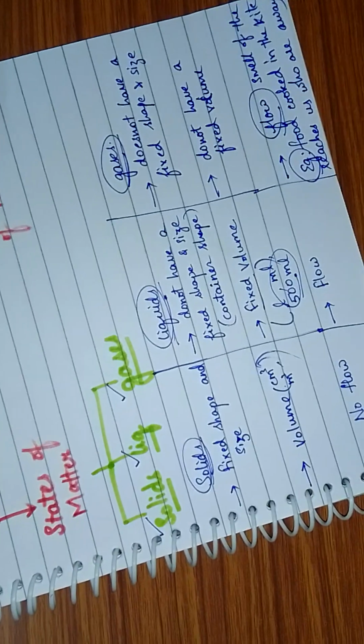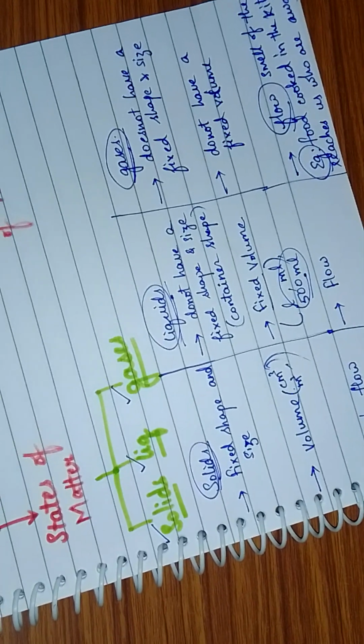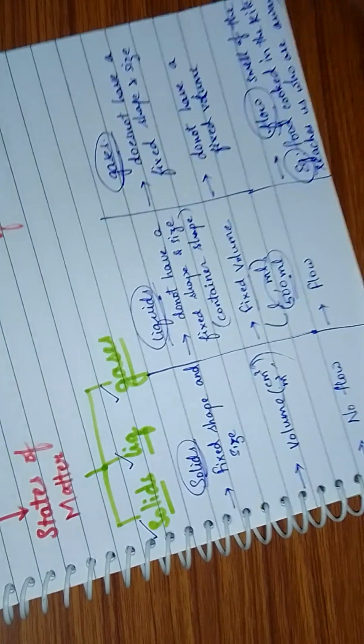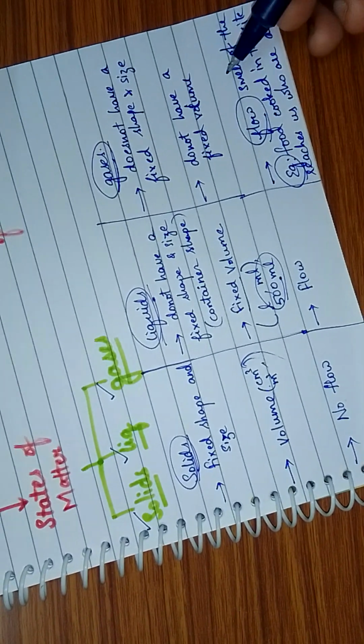When you are in another room, the smell of the food being cooked in the kitchen reaches you. Why? Because gases have the tendency to flow. That is the reason.